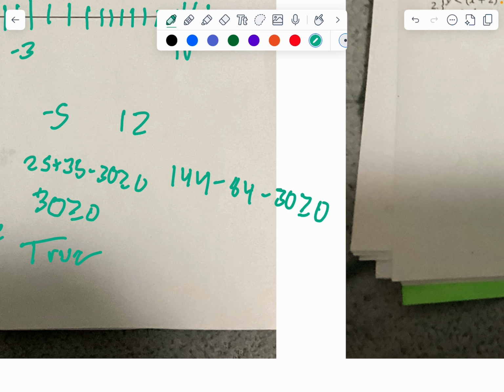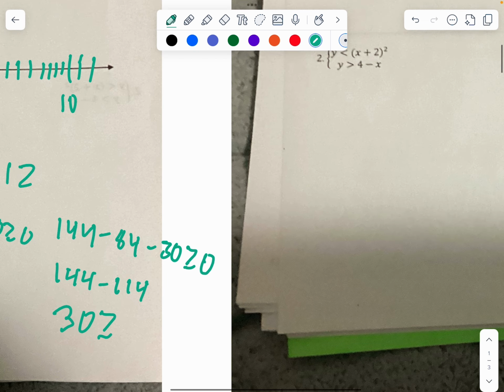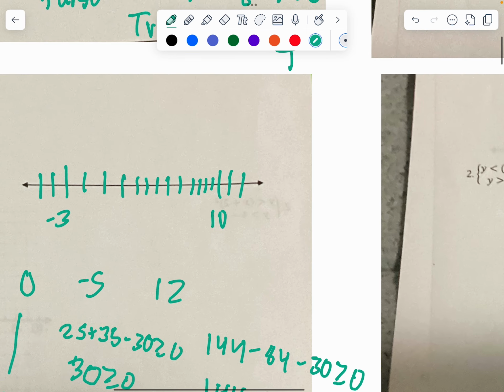So that's going to be 144 minus 114. It's going to be 30 is greater or equal to 0, which is true. So our arrows are going to be pointing out towards the true way. Remember, it's going to be a filled-in dot. So it's going to be like this.